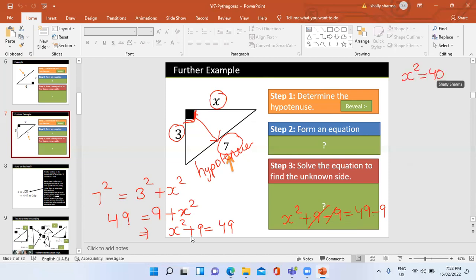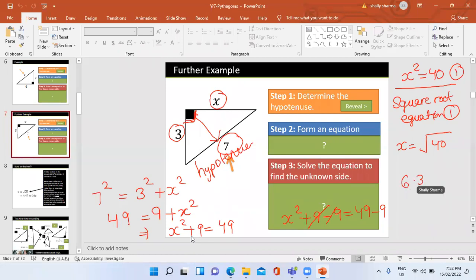Now I have to find x, so I will do square root on both sides of equation 1. So x is square root of 40, and square root of 40 is going to be 6.32 and so on. So we can say 6.3 units.